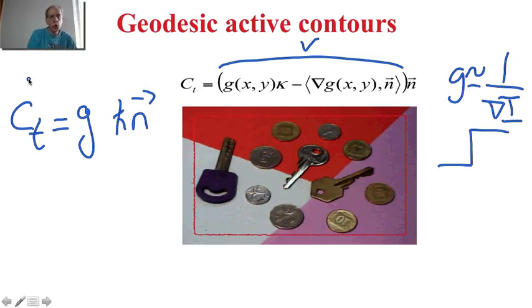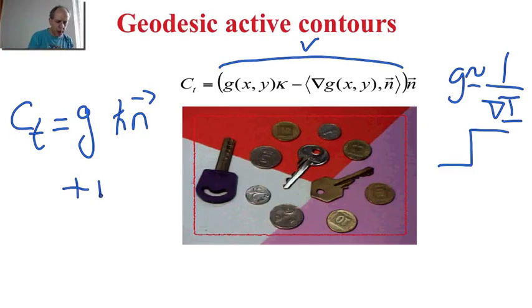So you could have designed this. If I give you 5 minutes to design a curve evolution motion that will get you active contours, most of you probably would have come up with this solution. Just deform it smoothly, move towards the objects, but when you get to the objects, stop. And then people have done many different variations of this, but this is the underlying concept.